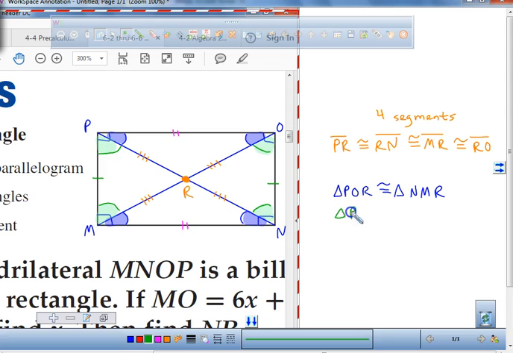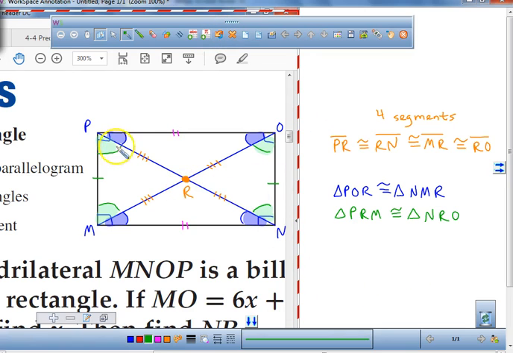So if I go from P to R to M, that is going to be congruent to triangle N R O. All the angles and all of the sides are going to perfectly match each other. And the triangles POR, NMR, PRM, and NRO are all congruent to each other.